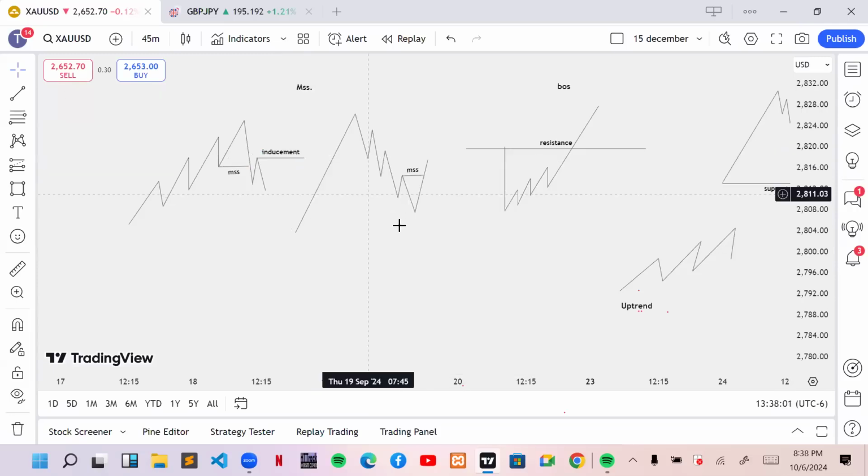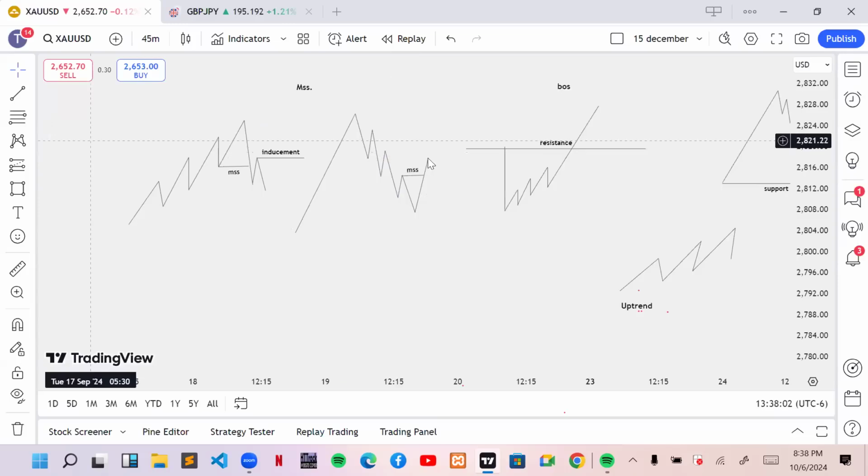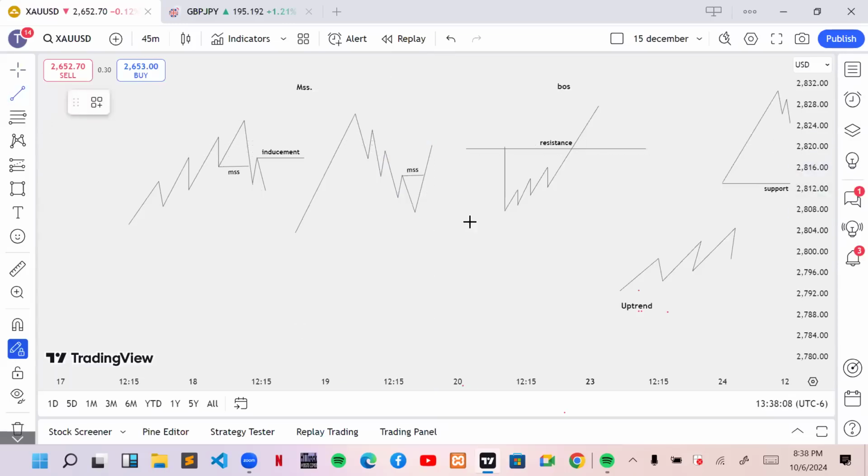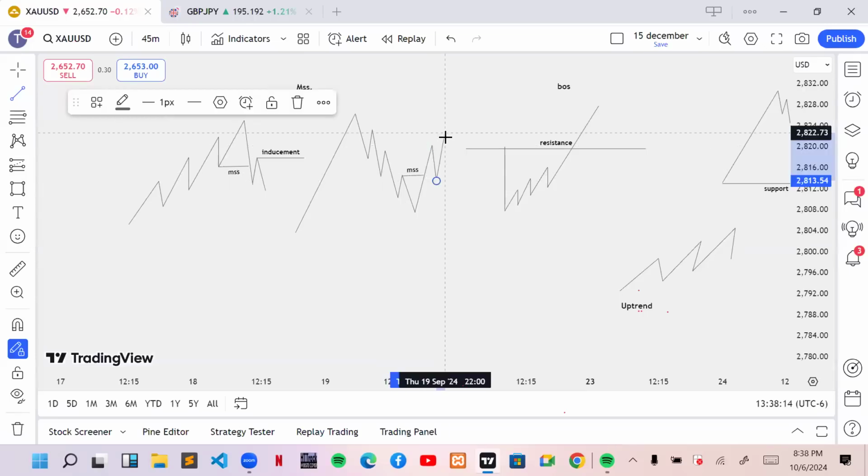Same as for this, if market breaks structure to the upside, after breaking structure, it will make a pullback, that's this, before eventually going back up. So this pullback is what your inducement is.